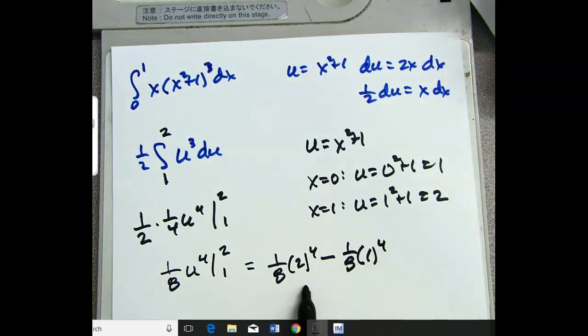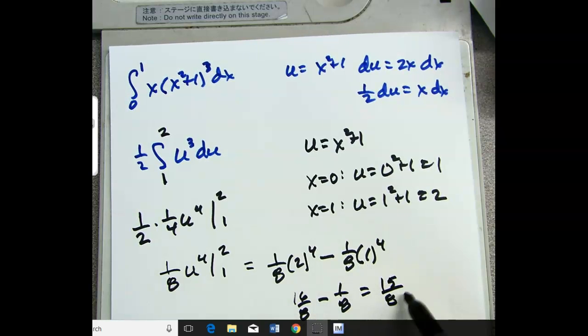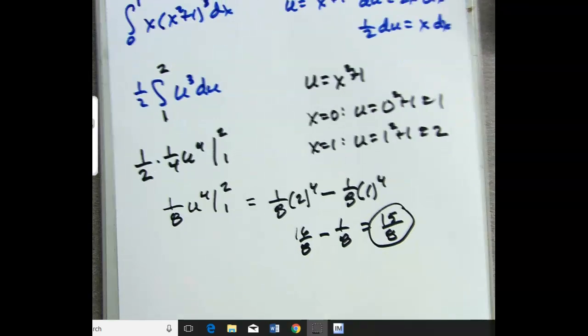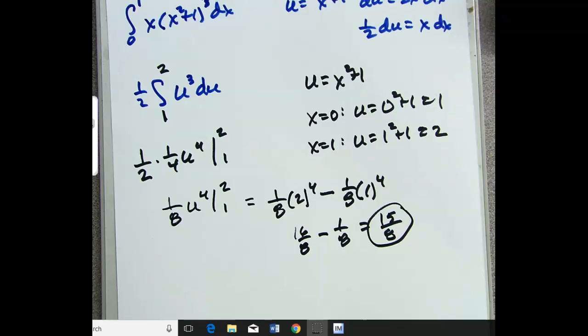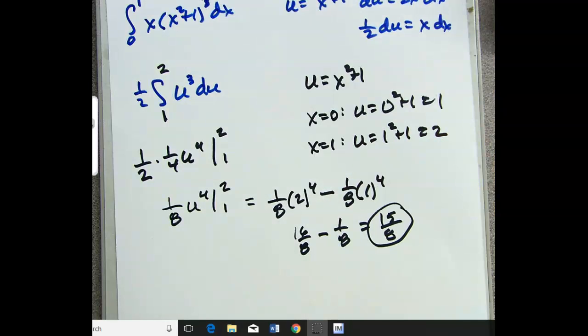And you will notice you're going to get the exact same answer we got before. 16/8 minus 1/8 is 15/8. Okay, so you have the option of back substituting it and keeping your original limits, or changing your limits to reflect the change of variable u. So write your limits in terms of u.